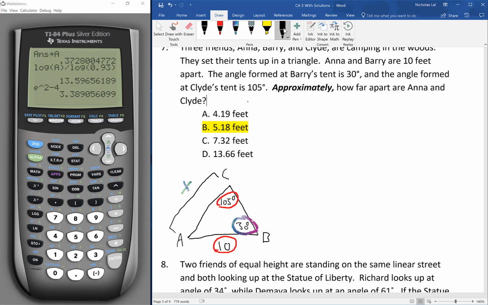To find a side, we're looking for side length AC, which is opposite of side B, over the sine of B is going to be equal to 10, AB, over the sine of C.